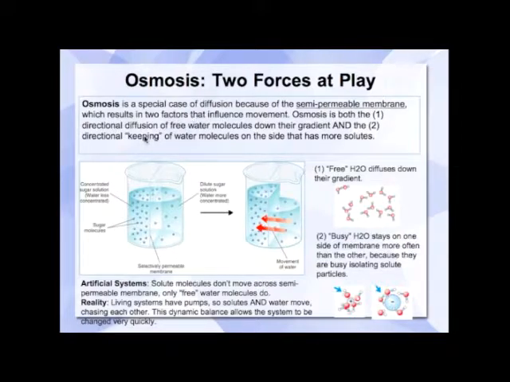The classical case of osmosis is a beaker that contains a semi-permeable membrane separating two bodies of water. On the left here, this left body of water contains many sugar molecules, more than the body of water on the right side. So osmosis will bring water from the right side to the left side, as diagrammed here.